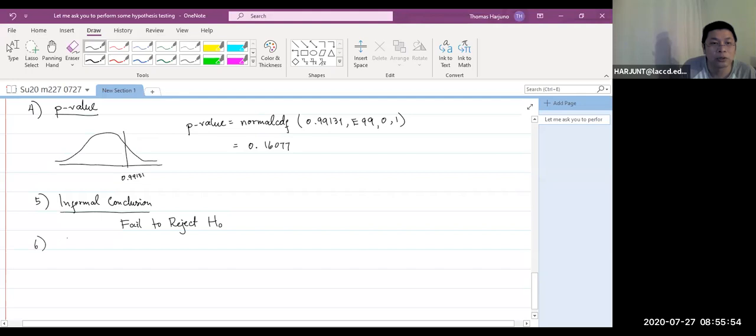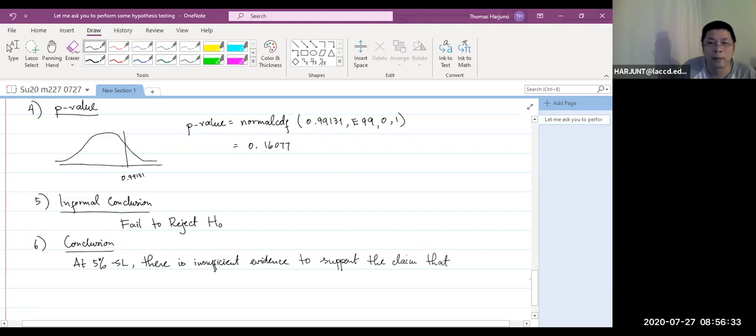And then the conclusion: at 5% significance level, there is insufficient evidence to support the claim. Then let me copy paste.